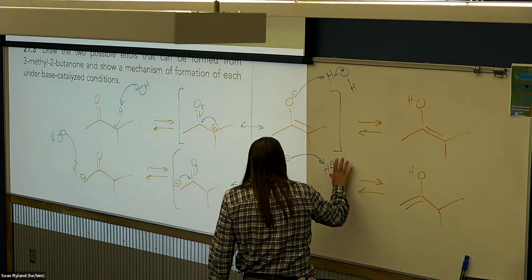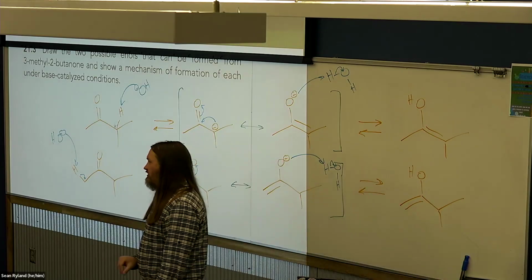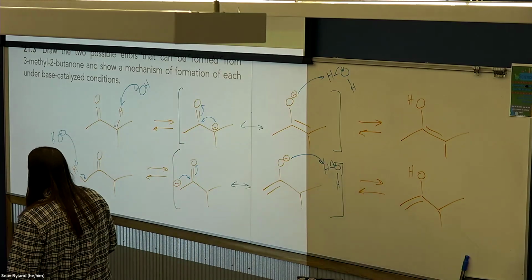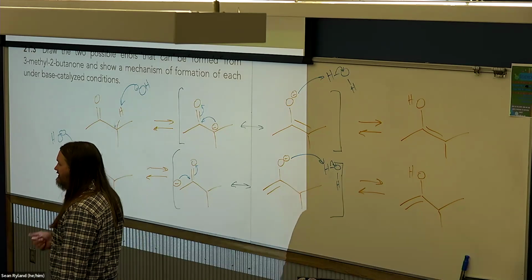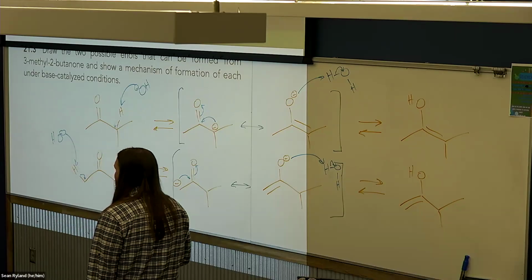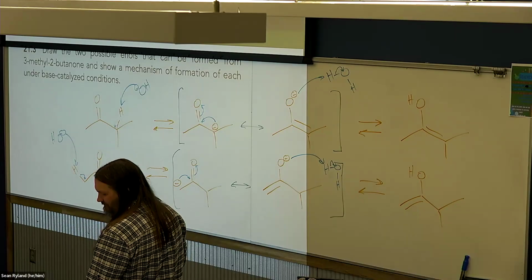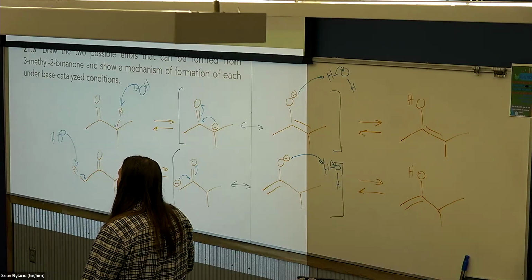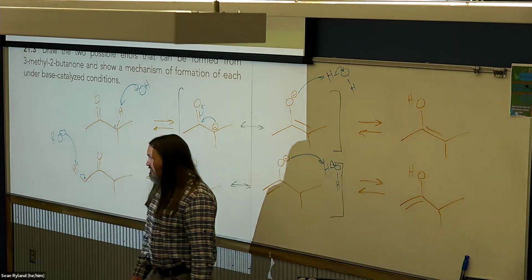How did we decide when we were doing elimination reactions? This isn't all that different than an elimination reaction, right? When we were doing elimination reactions, how did we decide what product was formed? It wasn't because of sterics. It was not Markovnikov.